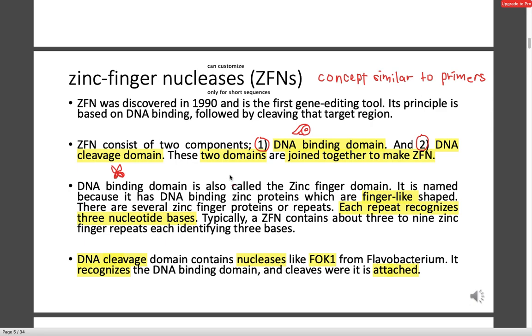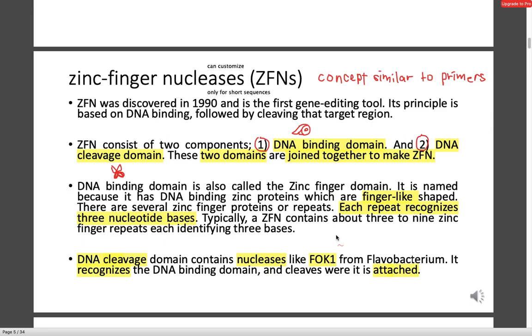It's named because it has DNA binding zinc protein which are finger-like shape. So why is it named zinc finger nuclease? Because of the shape of it. Alright, several zinc finger protein repeats, each repeat recognizes 3 nucleotide bases. Alright, for ZFN, each repeat only recognizes 3 nucleotides. So if your sequence is long, it's not good enough.